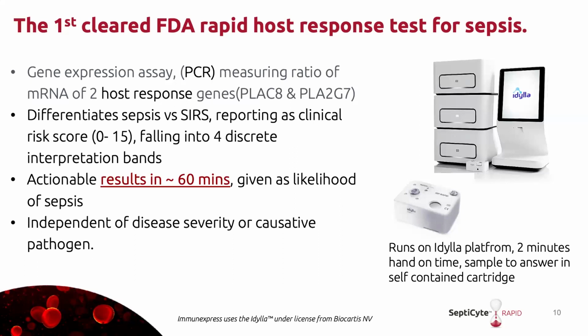It differentiates sepsis from SIRS, reporting this as a clinical risk score of 0 to 15, falling into 4 discrete interpretation bands. It gives actionable results in approximately 60 minutes and reports the likelihood of sepsis, and again, it's independent of disease severity or the causative pathogen.